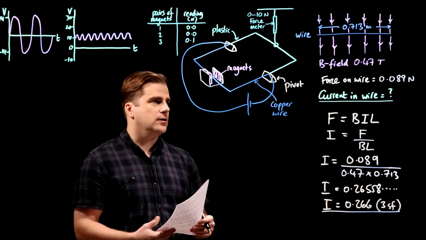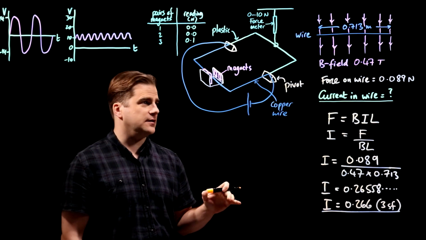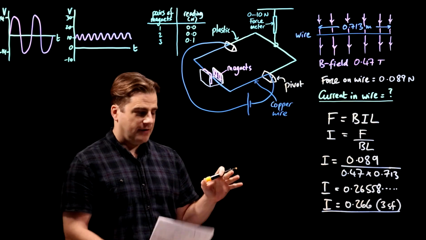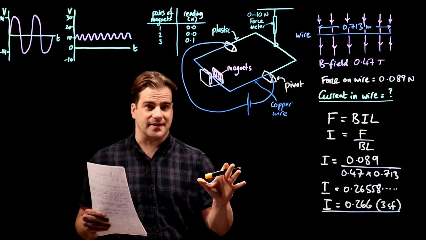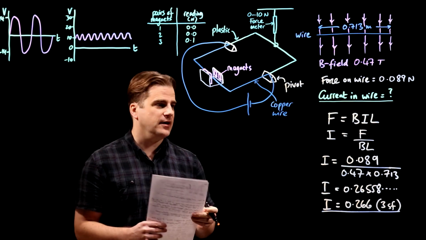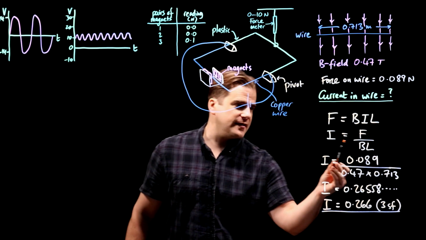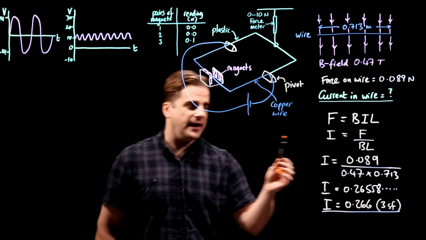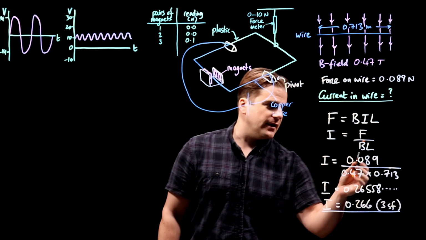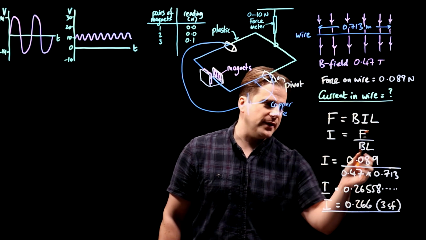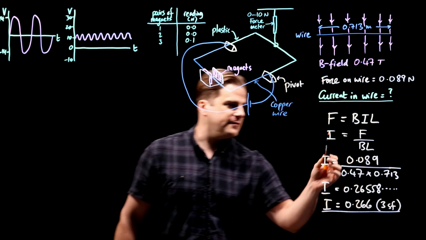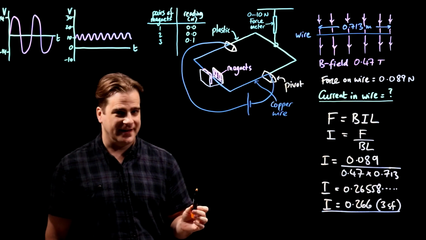However, looking at the mark scheme for this question, we have problems. The mark scheme for this question, Edexcel, is a train wreck. Okay? Firstly, Edexcel rearranged this formula incorrectly. They had the L on the top, I think, or the B on the top. That's correct, okay?